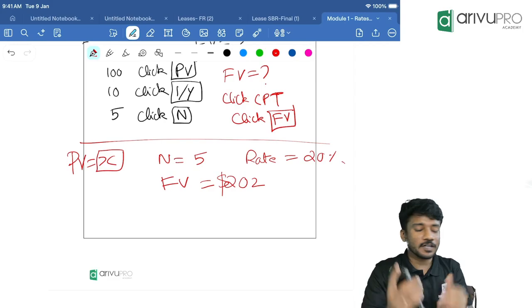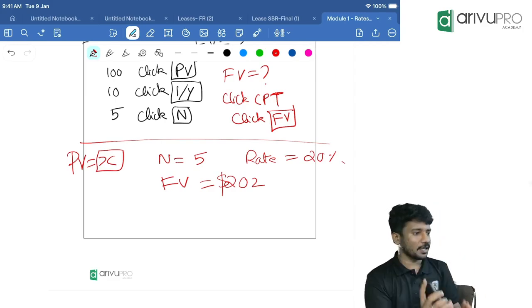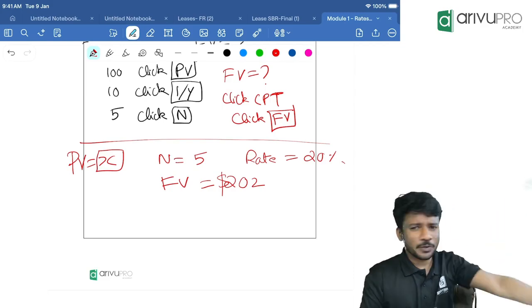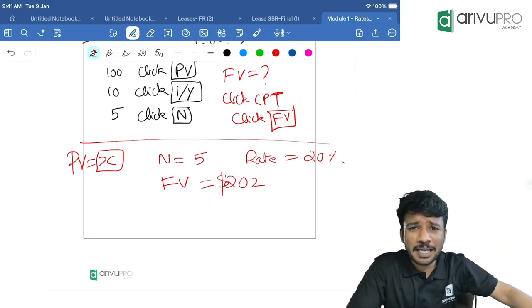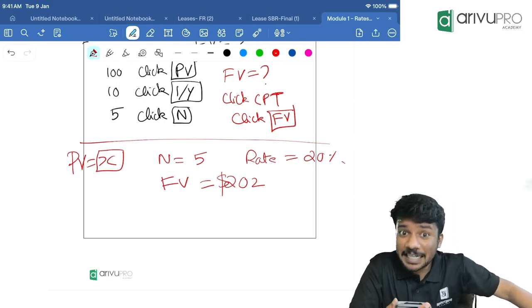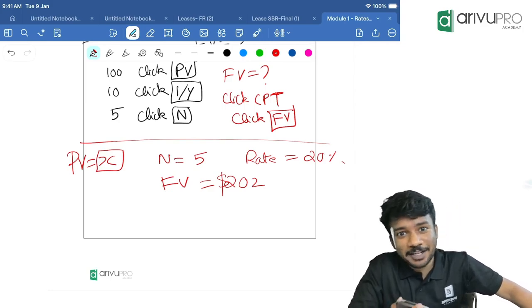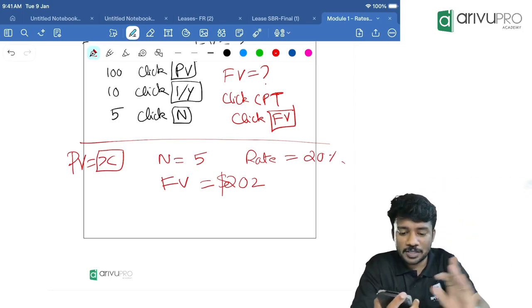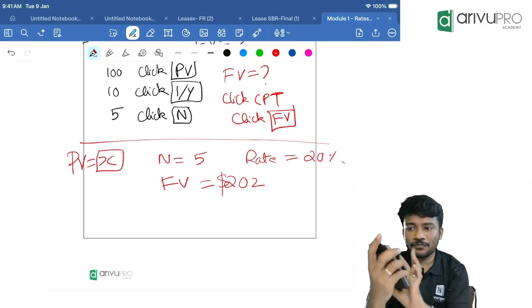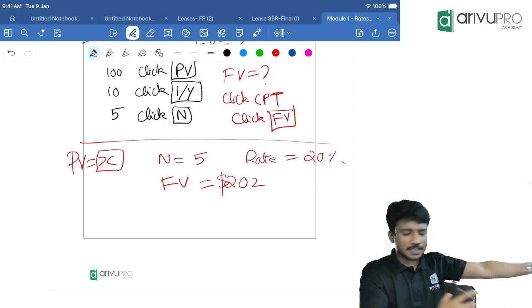That means whatever calculation we have done till now is gone. You remember in our normal calculator we click MRC 2 times, right? Similar to that, in order to clear the entire time value of money calculation done in the previous question, click the second button, then click the FV button. That means the entire value is cleared.